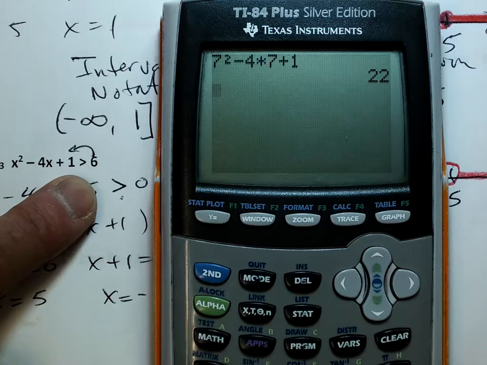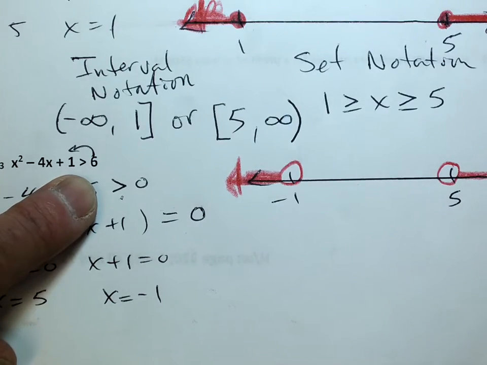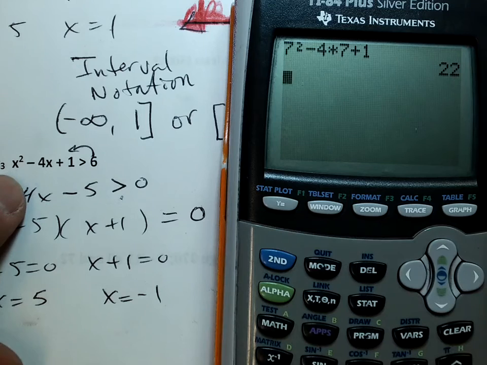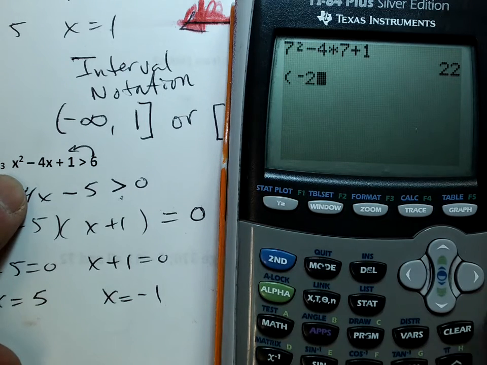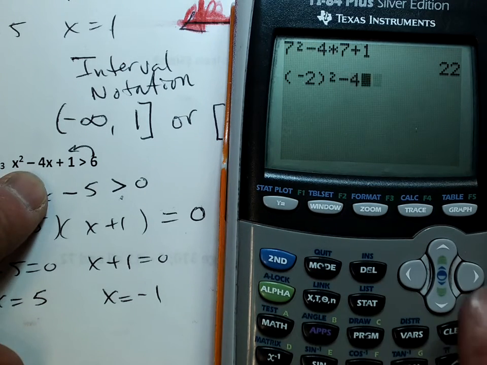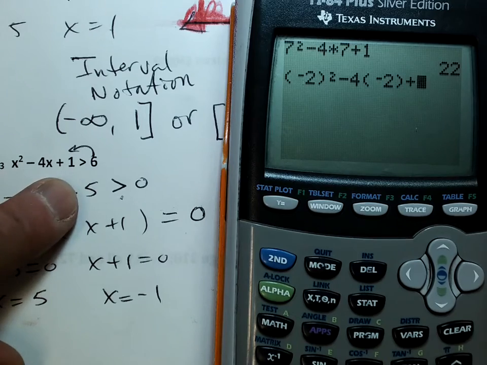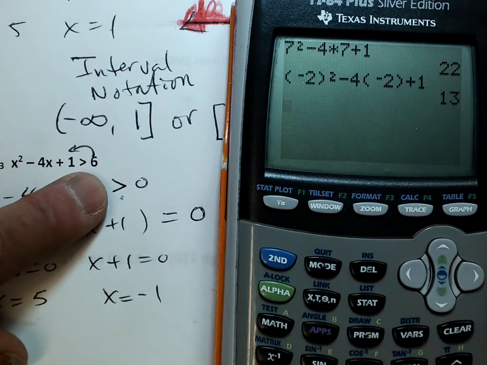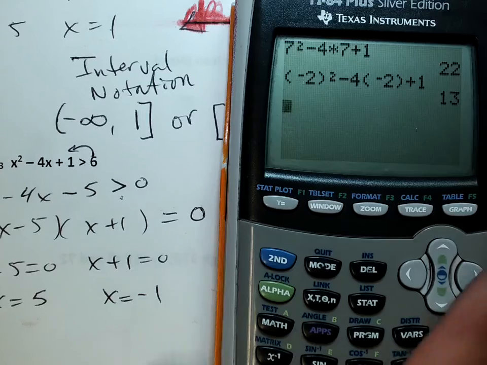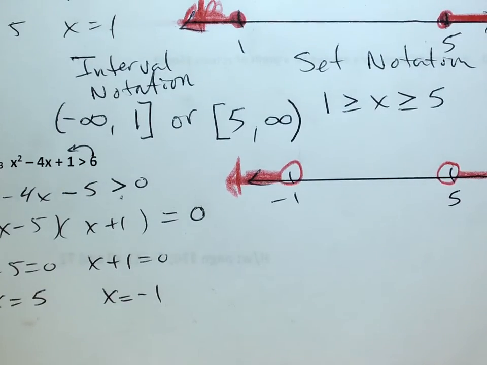Yes, so 7 works. Let me test negative 2, okay? So if I go negative 2 squared minus 4 times negative 2 plus 1. Will that be greater than 6? Yes. So it works, right? Okay. Thumbs up so far?